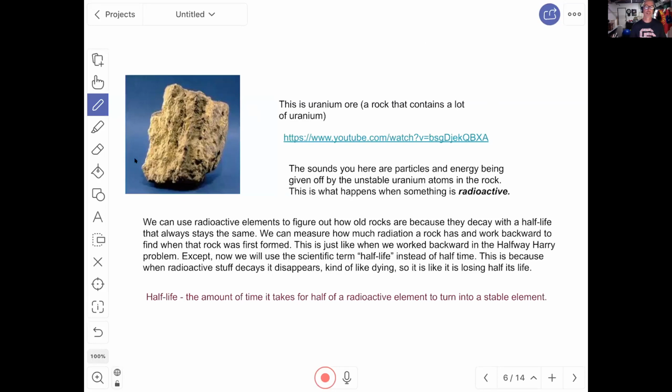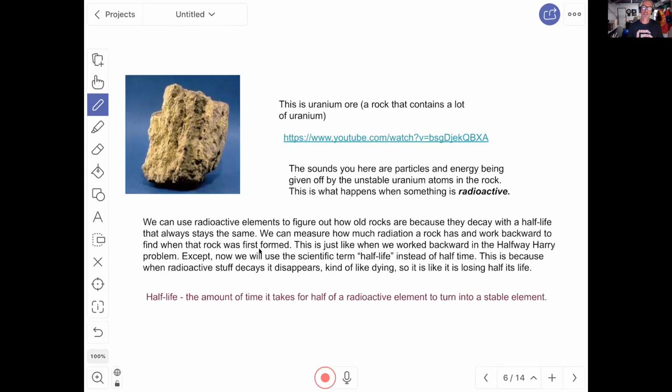So this is a piece of uranium ore, or a rock that contains a lot of uranium. Uranium is a great rock for dating how old parts of the Earth are. So when you hear those sounds and the particles being given off, they're being given off with a half-life, the same regular decay rate that you saw on the curve.